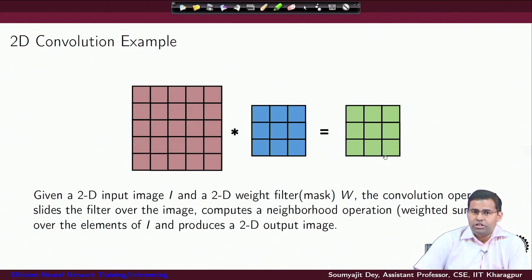So, there is no change in the dimension, and of course, the dimension of this output image depends on two things: the dimension of the input image as well as the dimension of the mask, and in what stride I am applying the operation. We will see what that means.